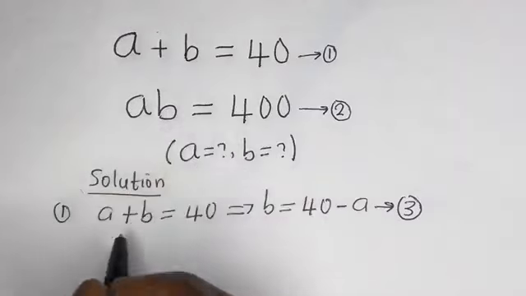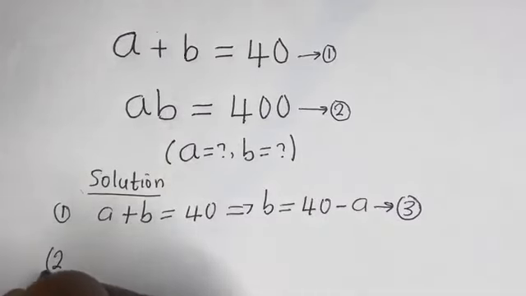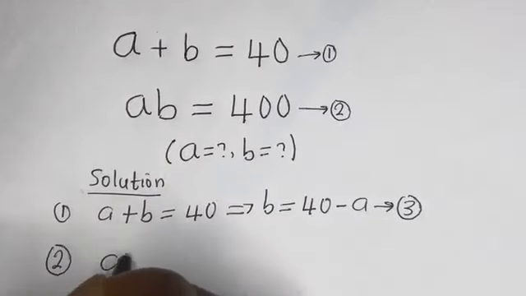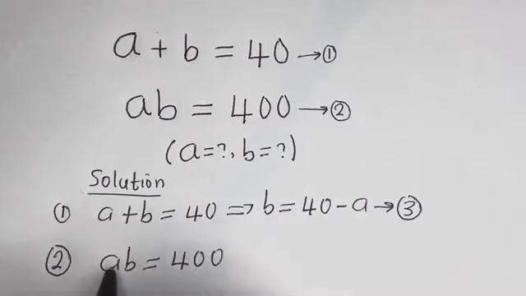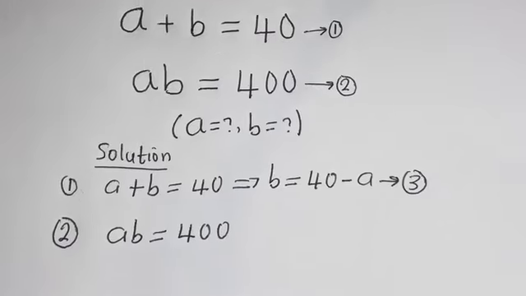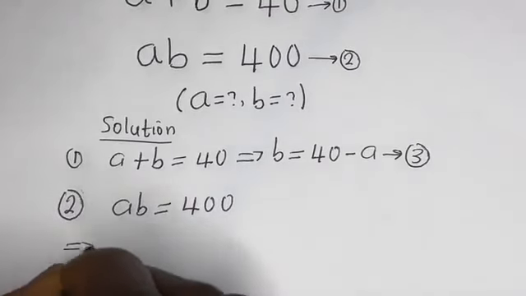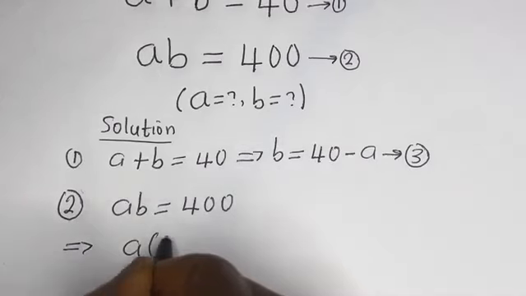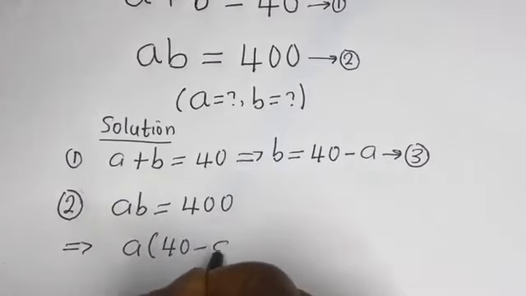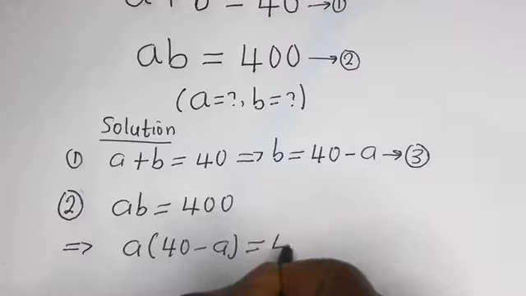Also from this equation 2, AB is equal to 400. Let us substitute for B. This is A bracket 40 minus A is equal to 400.